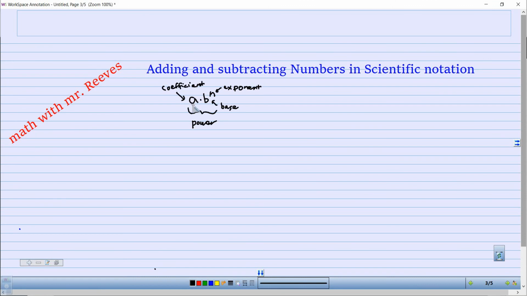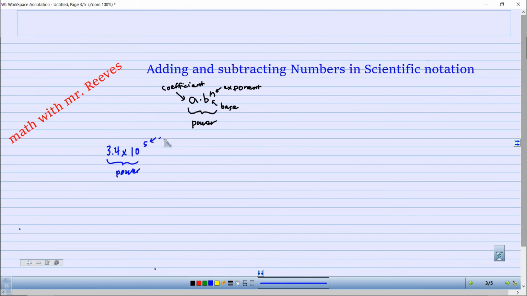All right, but now we're going to be looking at numbers in scientific notation, and let's just write a number in scientific notation, and let me show you what I mean here. So if I were to write 3.4 times 10 to the 5th power, this whole thing is actually a power. Which means each of these has a name.